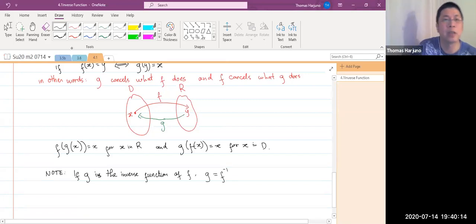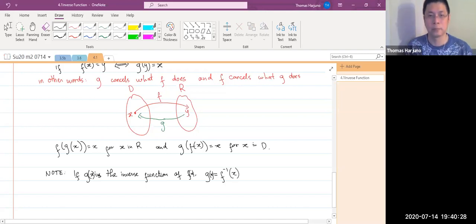Now, to be more precise, if I use g(x) here and f(x) here, then g(x) is f inverse of x.